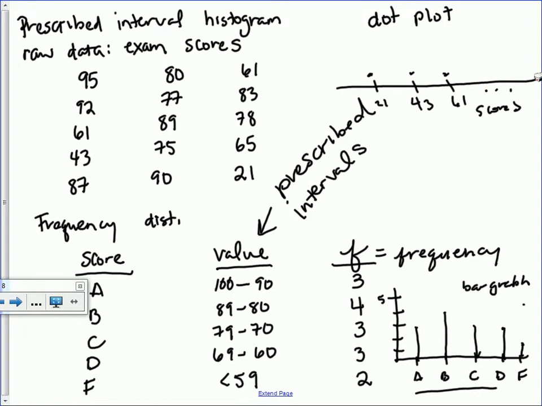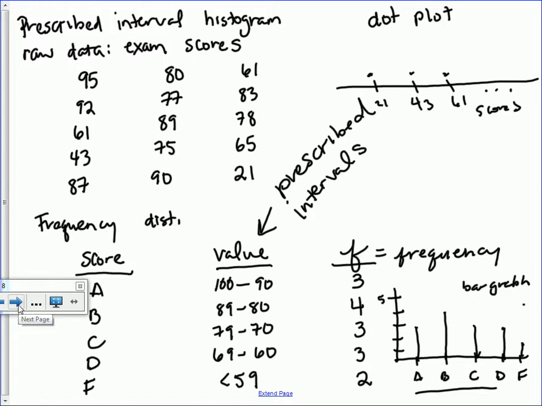histogram with a frequency. What we need to do now is actually talk about a relative frequency. But I think we'll do that later. That is just sort of a prescribed interval histogram and what it looks like.